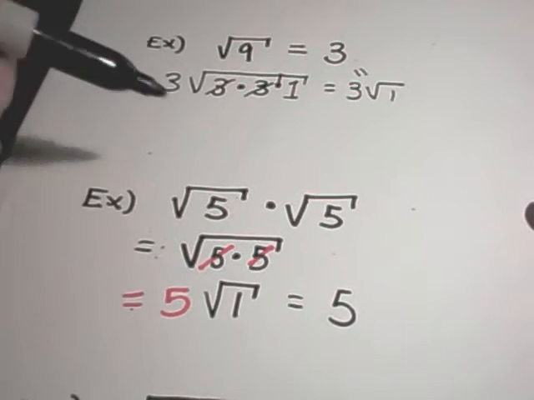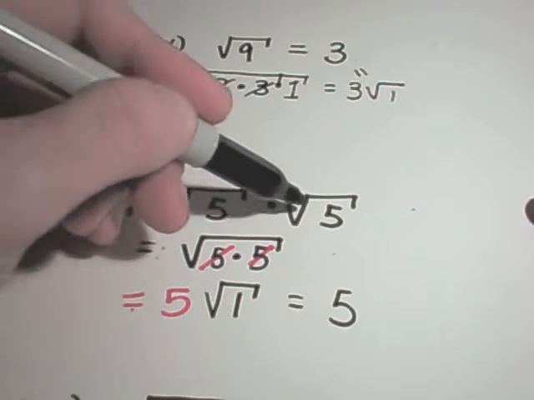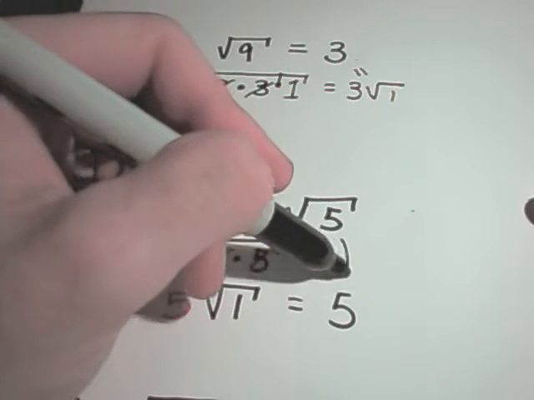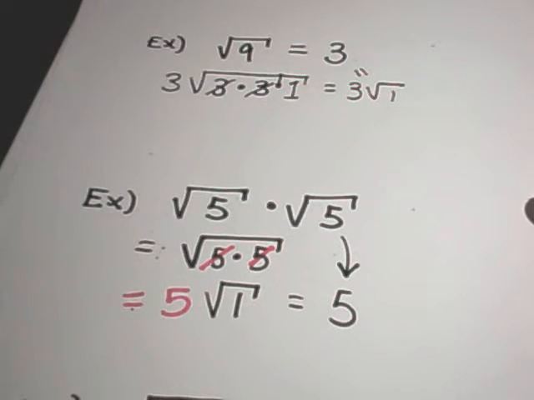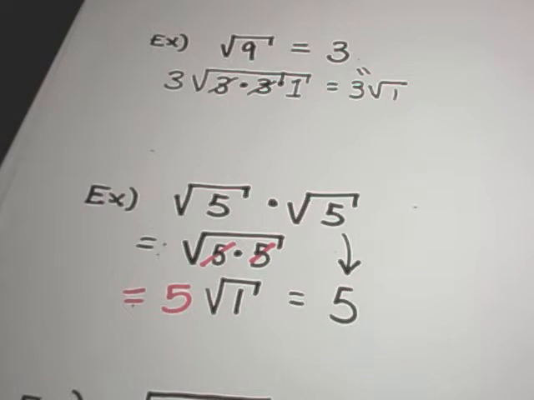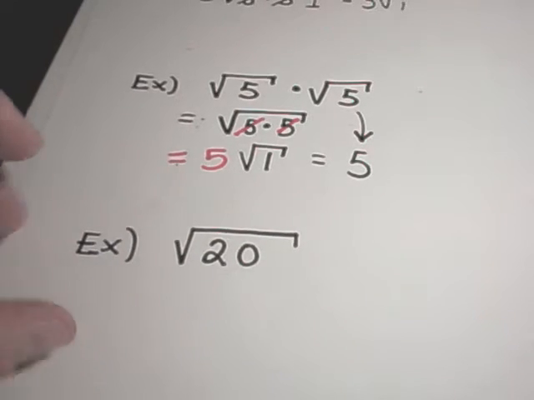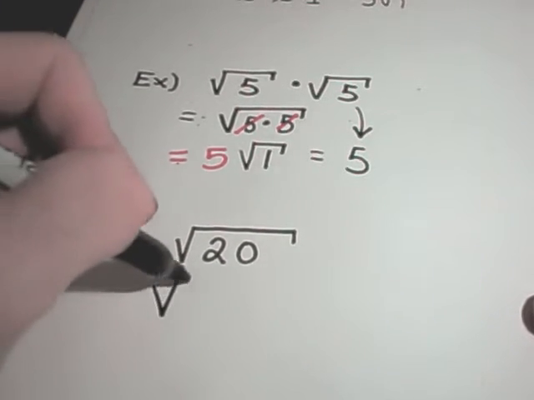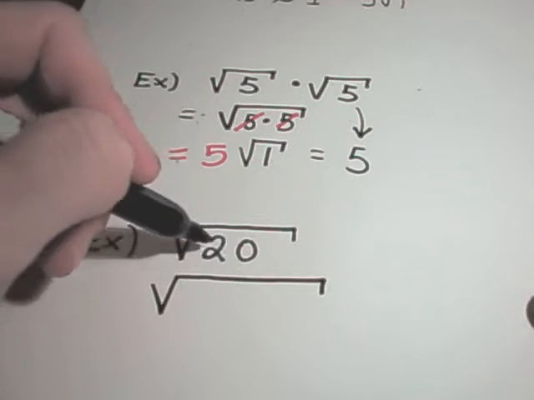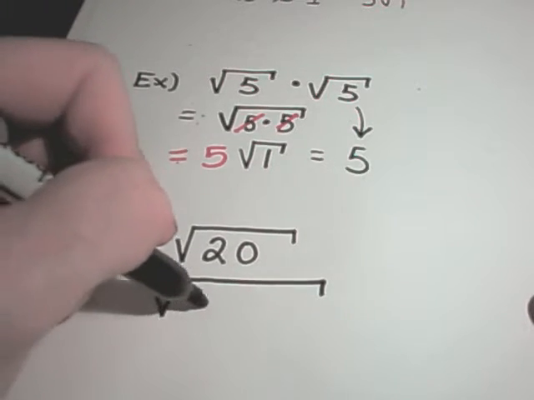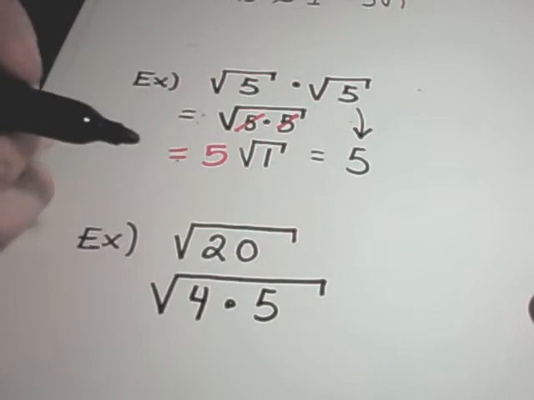The other important idea here is if you see the square root of something times the square root of something, you basically are left with what's underneath the square root in the first place. Alright, so let's do some more complicated examples. The square root of 20. I don't know a number whose square root is 20, but I can break 20 down as 4 times 5.